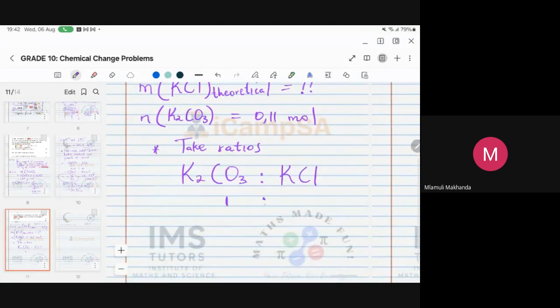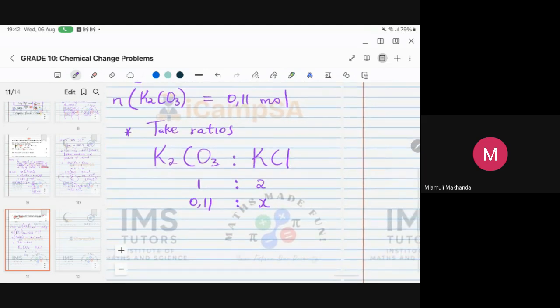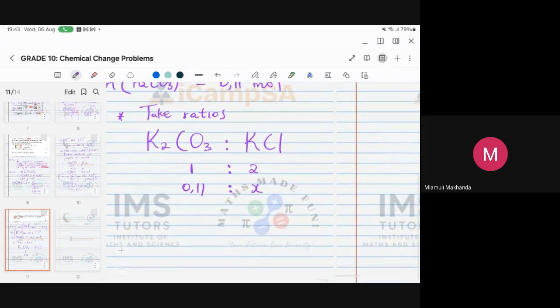We already know how many moles of potassium carbonate reacted, and we want to know how many moles of potassium chloride formed as a result.